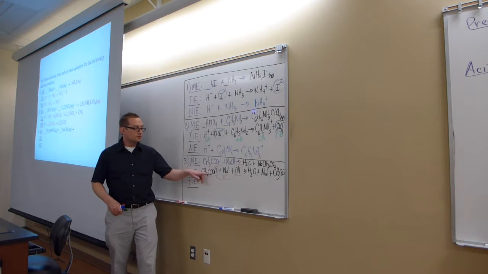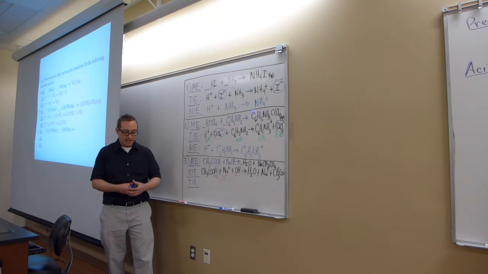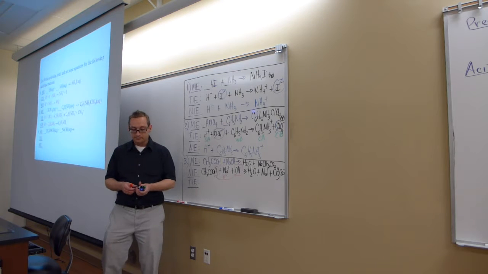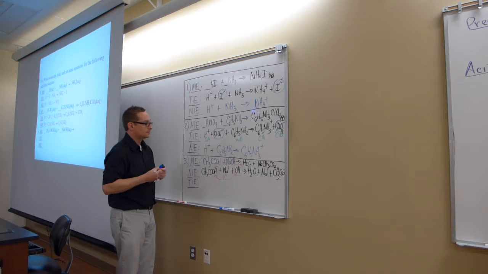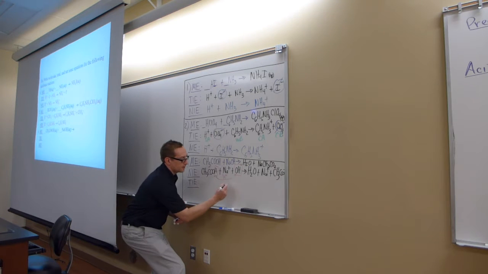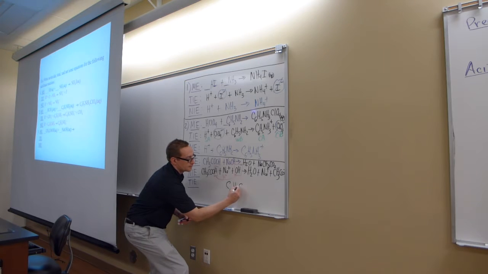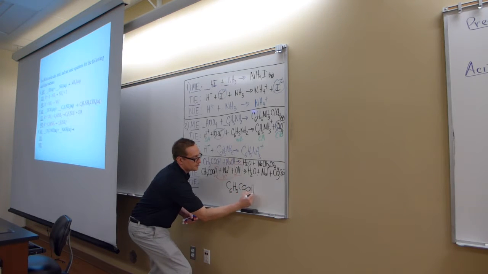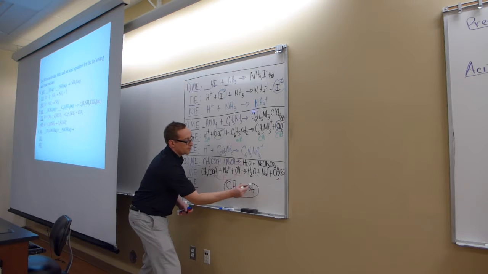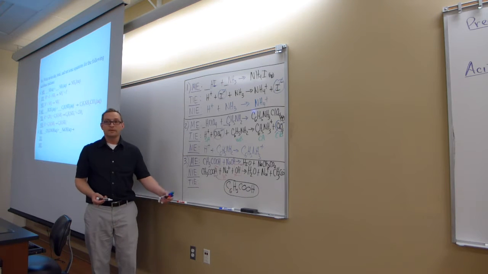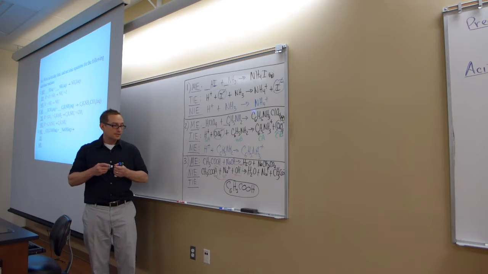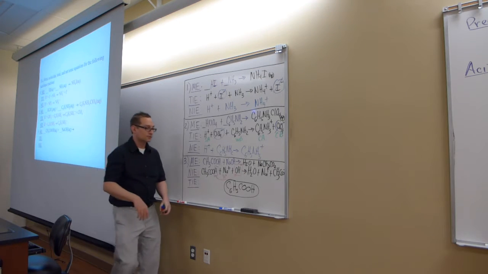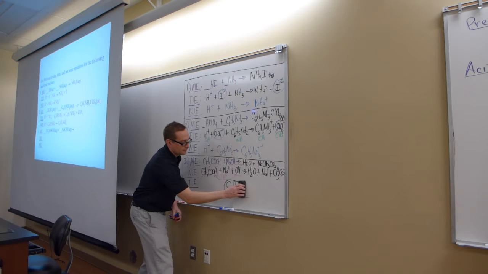So anytime you see OOH, whether it's on acetic acid or, say, C6H5COOH, here's another kind of weak acid. Again, what H comes off? It's always going to be the one at the end. So that's how you know which one comes off. Yeah, you got it.